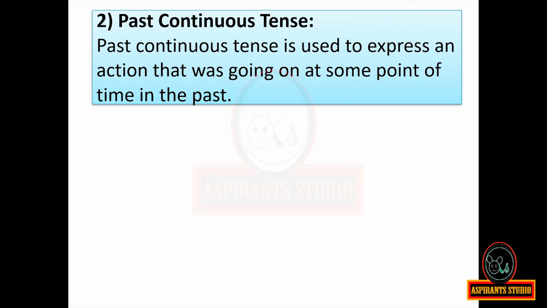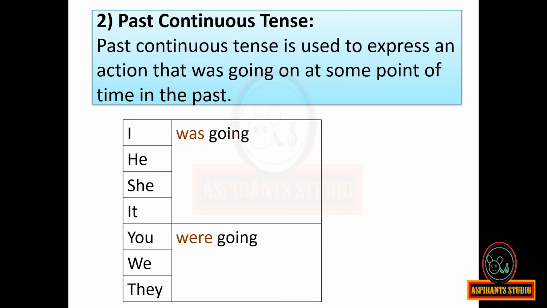Past continuous tense. Past continuous tense is used to express an action that was going on at some point of time in the past. For first and third person singular, that is I and he, she and it, the auxiliary verb was is used with the present participle.